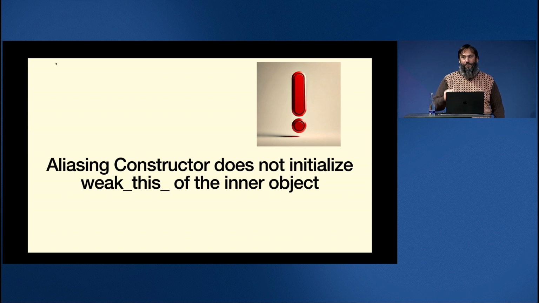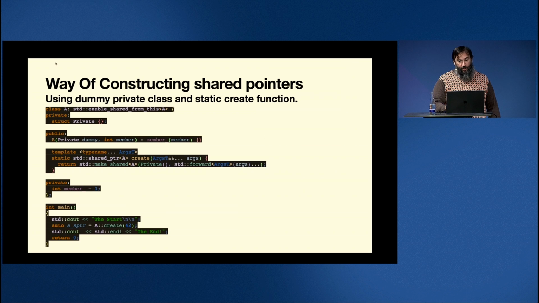You can consider this a bug. So if you ever want to have shared from this and use the aliasing constructor, you have no luck with the current C++ runtime. You won't ever have this initialized. The created shared pointer will always return you expired. Just things to remember.